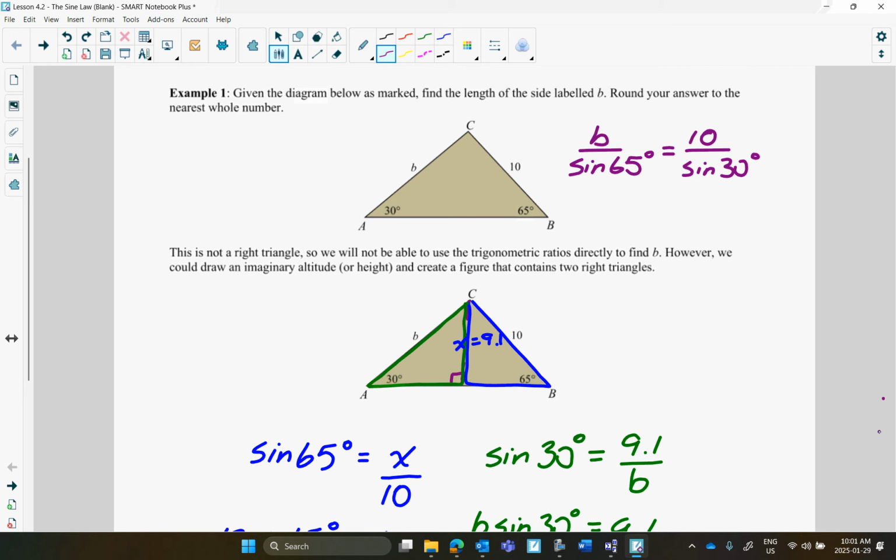Well, we got a fraction equation. When we have a single fraction on either side, there's actually a quick way to get rid of both denominators, and that's cross multiplying. So what you can do is b times sine 30 will equal the product of the other diagonal, 10 times sine 65.